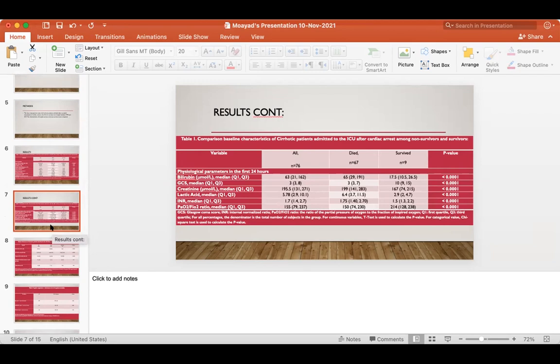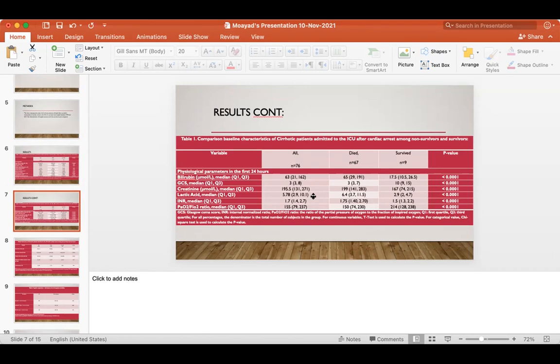So this is the number we have of the patients who survived or did not survive after the cardiac arrest. We are comparing to the patients who survived after the cardiac arrest.